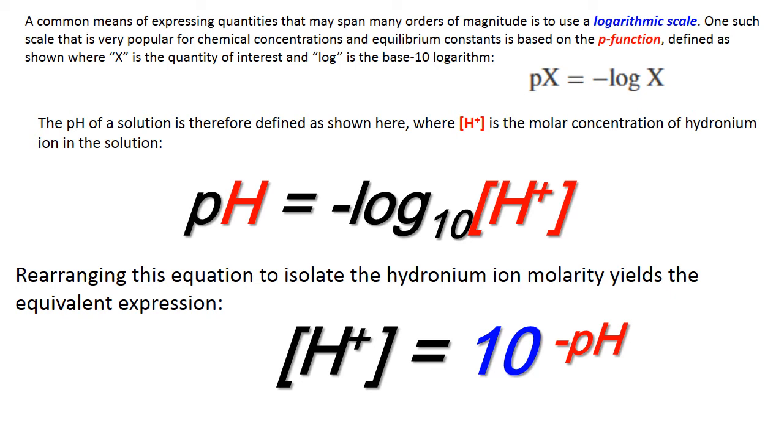You can come back to concentration. You rearrange this equation and have H plus molarity equals 10 to the power minus pH. We can go back and forth as many times as we want.